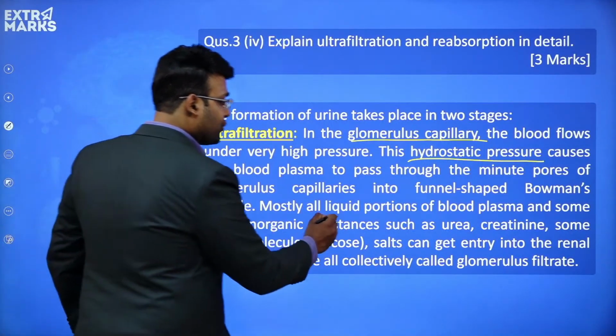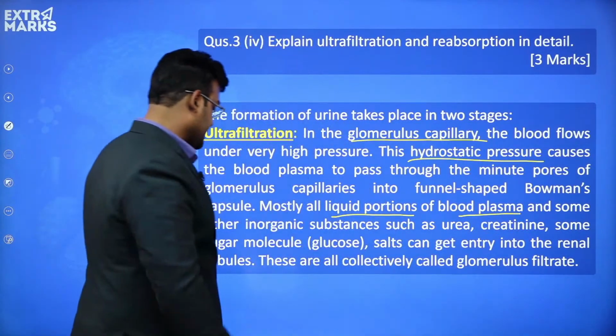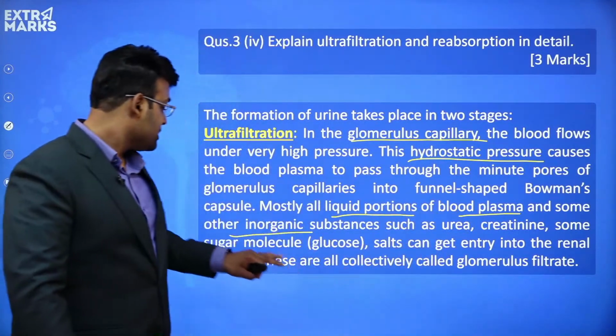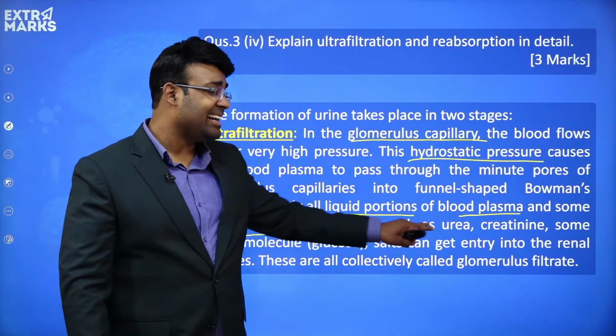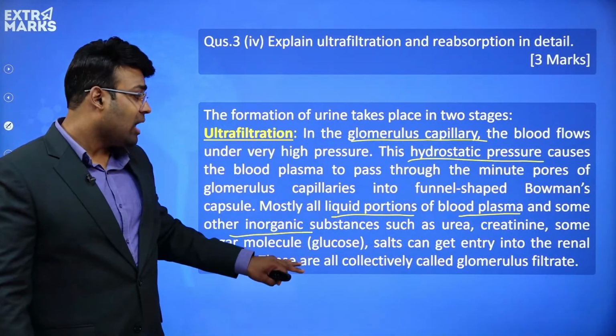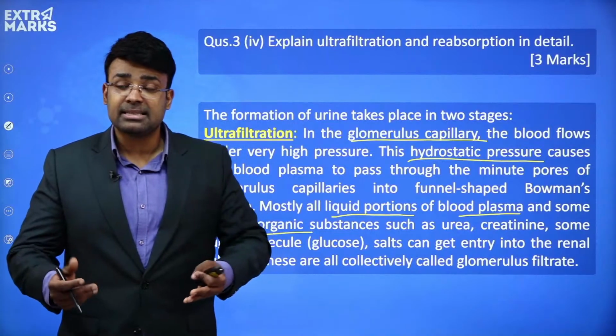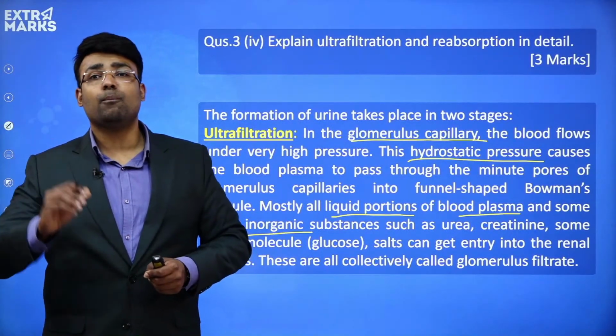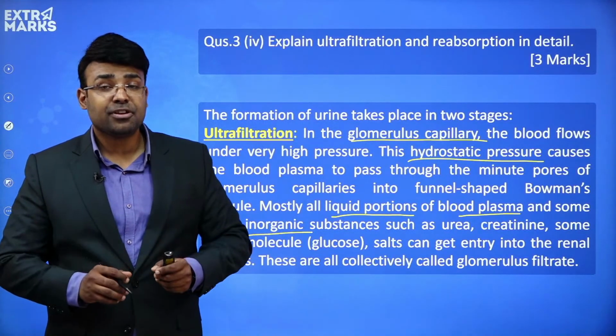So the liquid portion of blood plasma and some other inorganic substances such as urea, creatinine, some sugar molecules enter the renal tubule, while the blood cells do not enter the renal tubule, and they go back into the efferent arteriole.